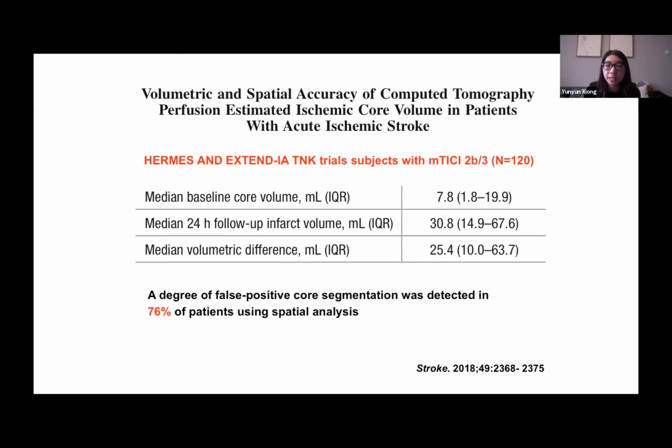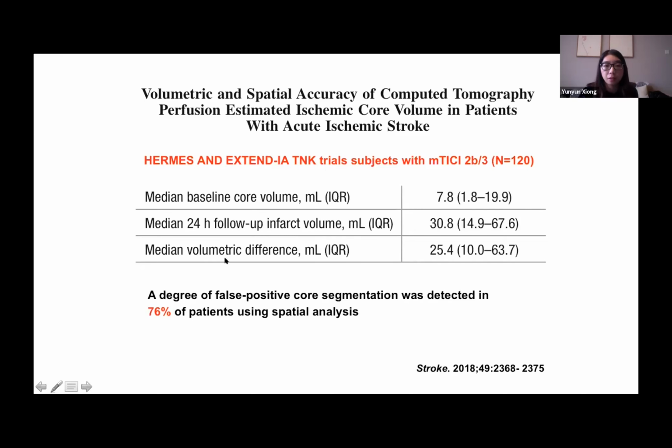And not only did our study find poor correlation and poor accuracy between the CTP and the DWI. Another study, published in Stroke in 2018, utilized the HERMES and EXTEND-IA TNK trials data to look at the baseline RAPID and the 24-hour DWI infarct volume.